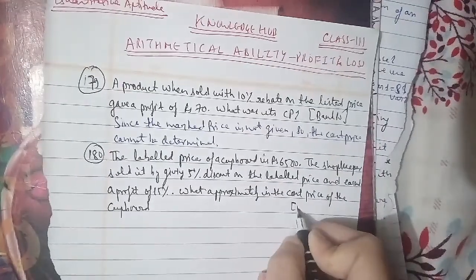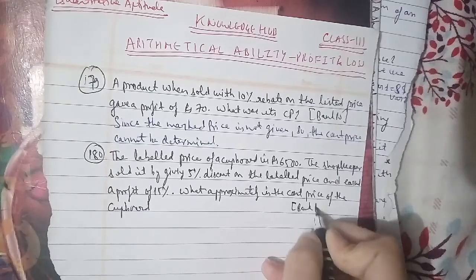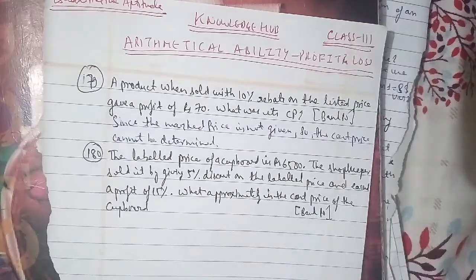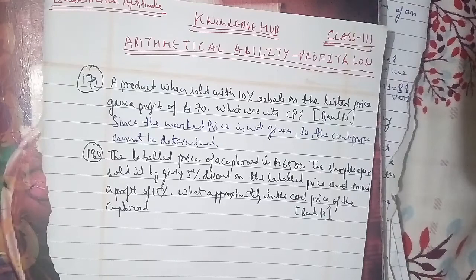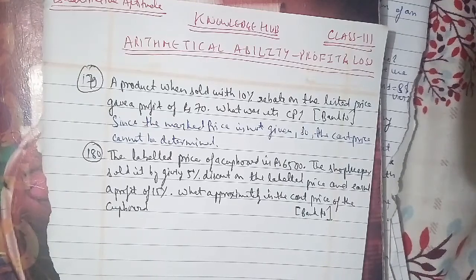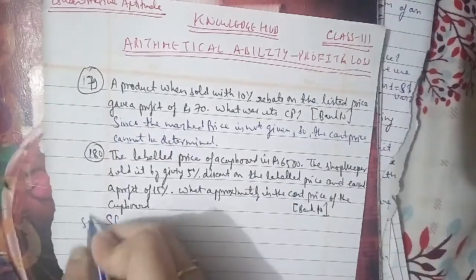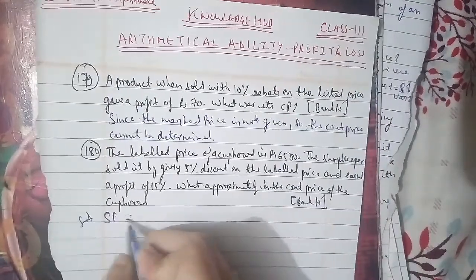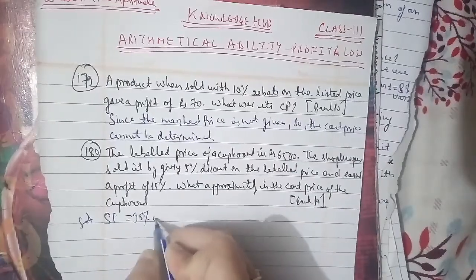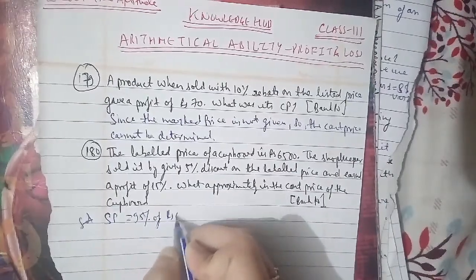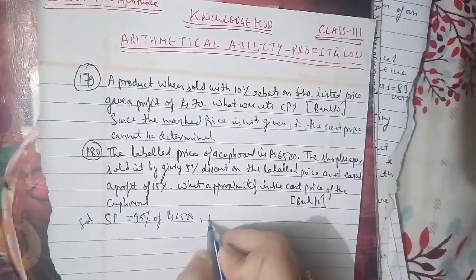Selling price equals 95% of rupees 6,500, that is 95 upon 100 multiplied by 6,500, the zeros being cancelled. 95 multiplied by 65 gives rupees 6,175.